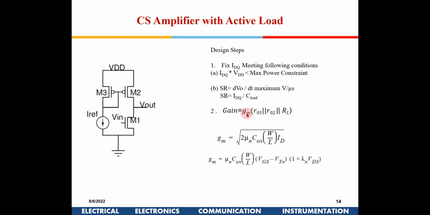If GM gets fixed, you can calculate W by L for both these transistors, because it's the same current which is flowing. It will be mu P for this, it will be mu N for that, right? And then accordingly, VOV also can be computed. Okay, so that is the only difference while doing hand calculations. So we find the gain, and from there we compute the W by L ratios and the overdrive voltages.